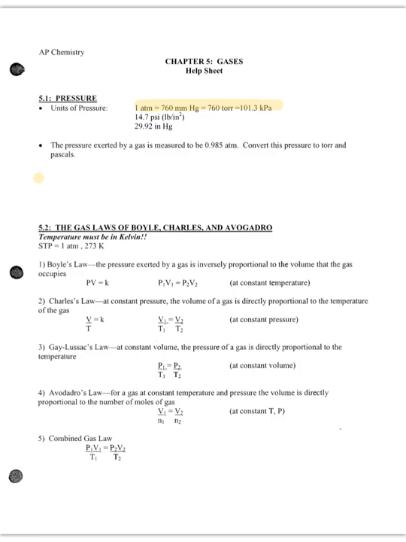Remember, always start with the number that's given to you in the problem, which is this number right here. So start off with 0.985 atmospheres. Since we have atmospheres here, we want atmosphere on the bottom.